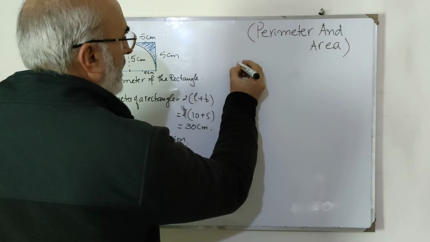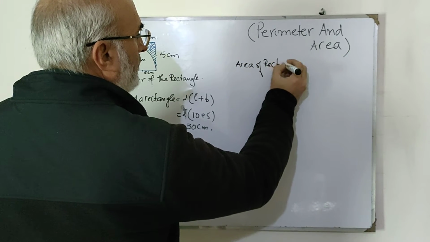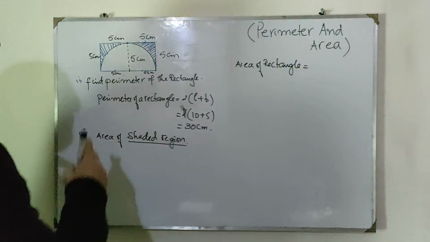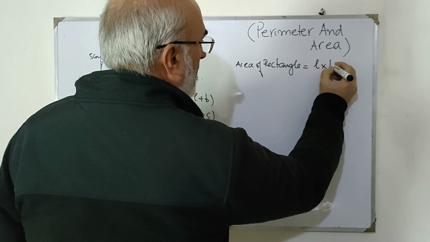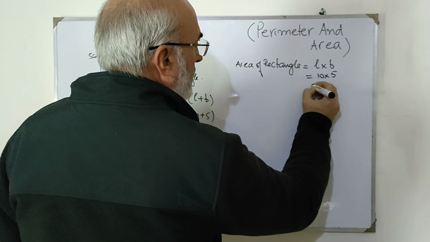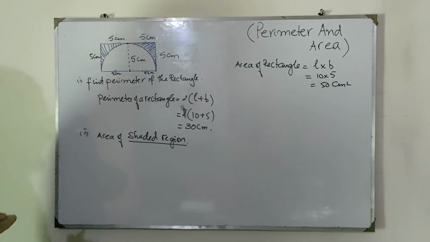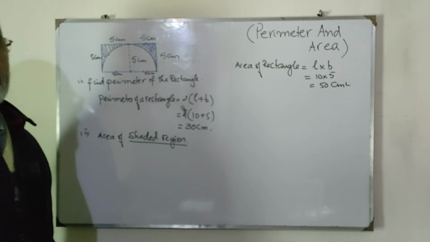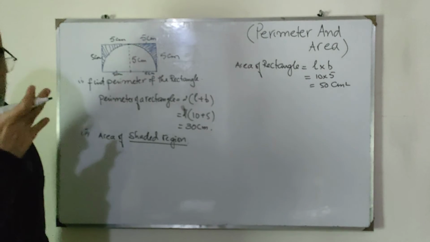First, area of the rectangle, which is length, 5 plus 5 is 10, and breadth is 5. So length into breadth is 10 into 5, which is 50 centimeters square. Now area of the semicircle. The area of the circle is pi r square. It's a semicircle, so it's going to be pi r square by 2.